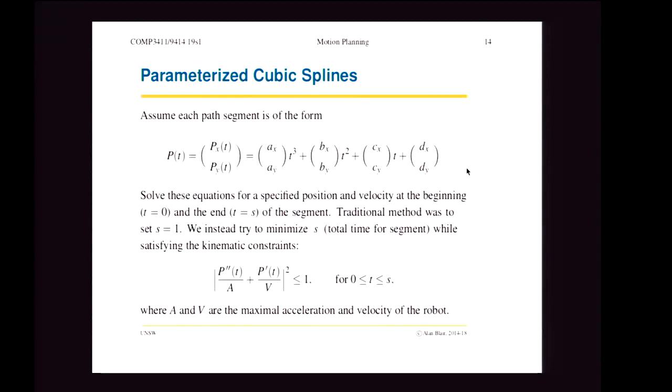So traditionally with cubic splines, for a given segment, t goes from 0 to 1, but we wanted t to go from 0 to s, where s is the actual amount of time that's taken to traverse that segment. And the sum of s for all of those segments is the thing we want to minimize, because that's the time taken to traverse the whole path.